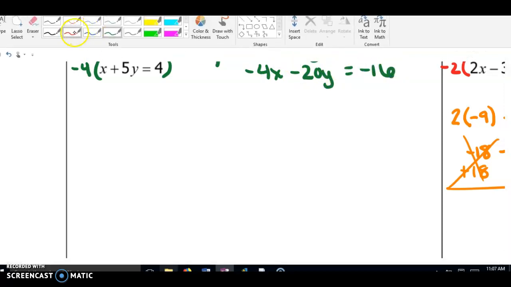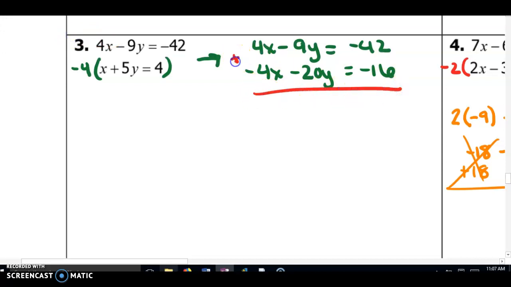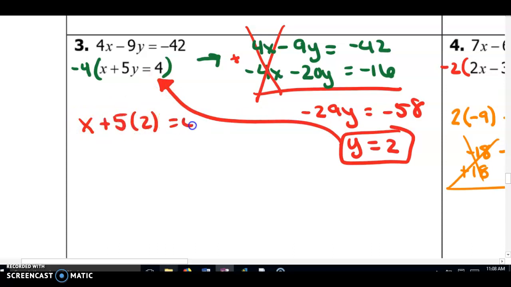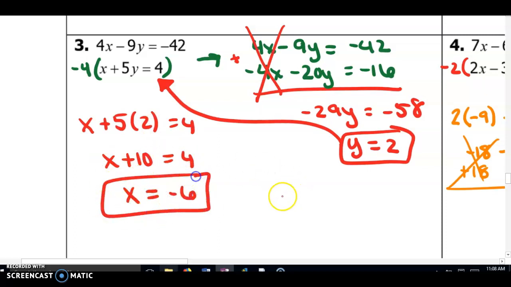The purpose of doing that is so that when I add the two equations together, these terms cancel out, and we're left with negative 29y equals negative 58, which is nice because we have one variable that we can solve for, and y is 2. If y is 2, we're going to plug that into either equation, usually the easiest one, and solve. X plus 10 equals 4, so x is negative 6. So our point is negative 6, 2.